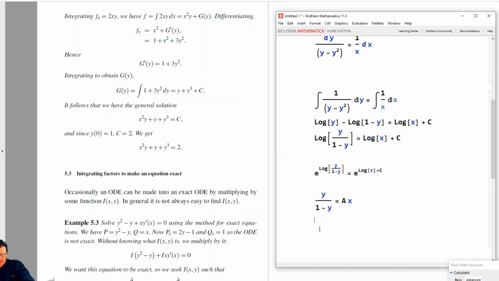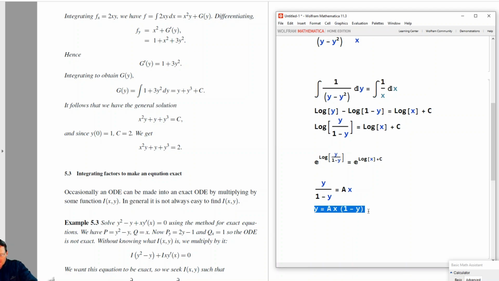So what we would do then is multiply both sides by 1 minus y. Now we want to expand the right-hand side. So let's go ahead and expand the right-hand side.